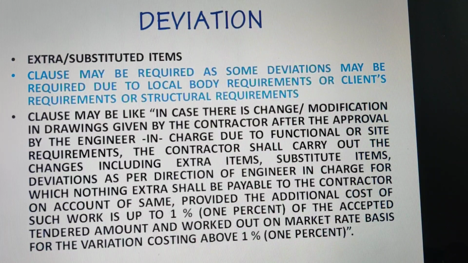Deviation may be in quantities or extra substituted items. A clause may be required as some deviations may be required due to local body requirements like fire authorities or other local body authorities, or even client requirement or structural requirements. So this is to be decided again by tender inviting authorities whether deviations will be permissible.